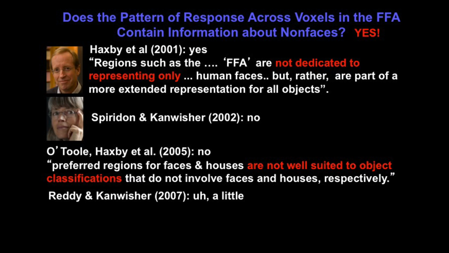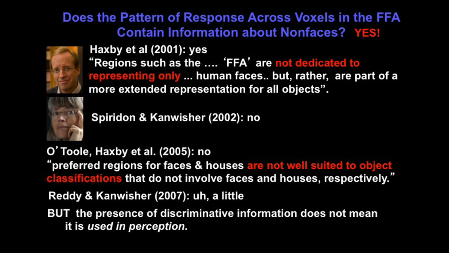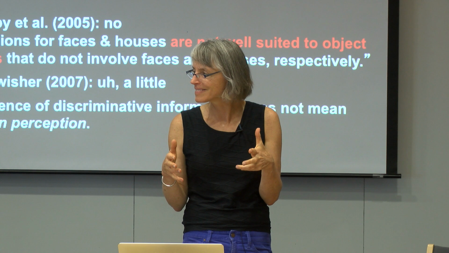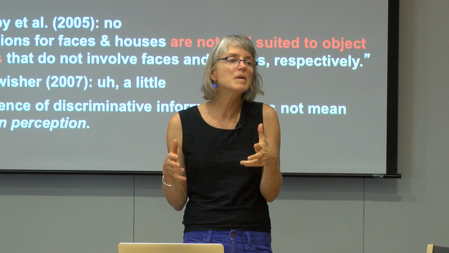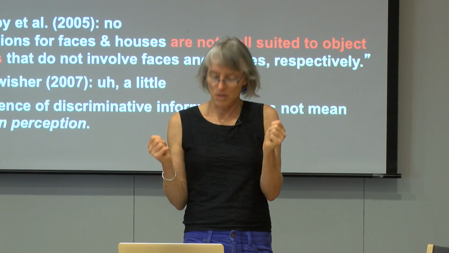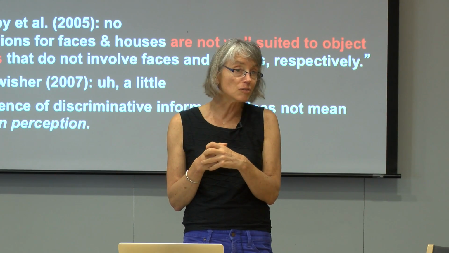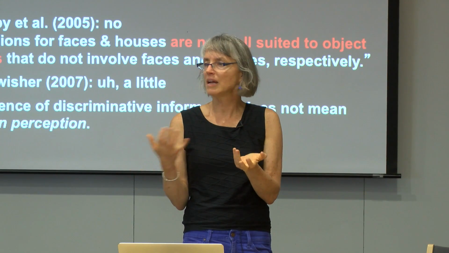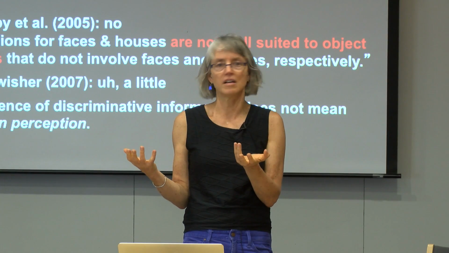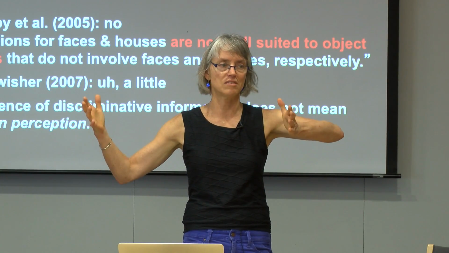But now, if we step back, we can say, well, what does that mean? Really what we want to know is not just is there information sitting there, but is it used behaviorally? Does it matter, right? It could just be that if, for example, cars look a little bit more like faces than chairs do, then maybe you can discriminate cars from chairs in the face area just because that's what any face system would do.